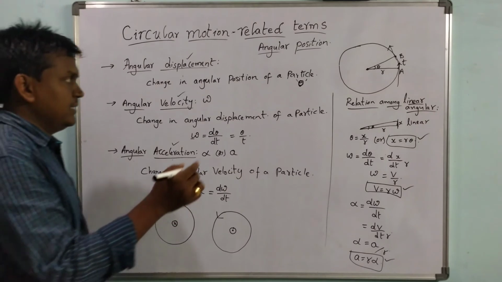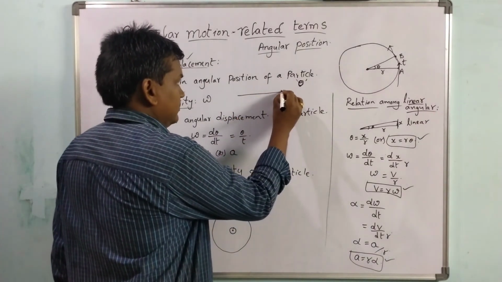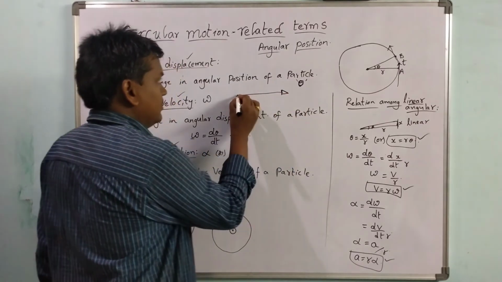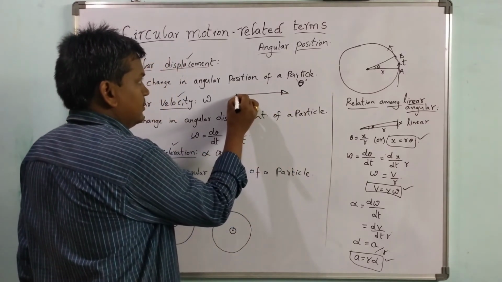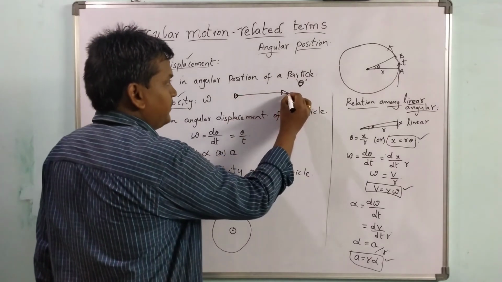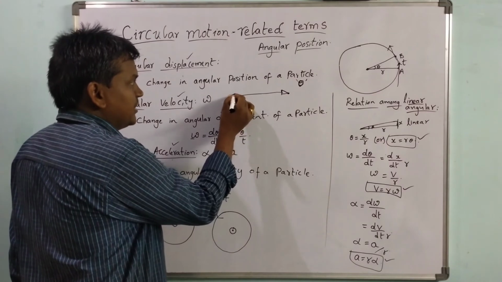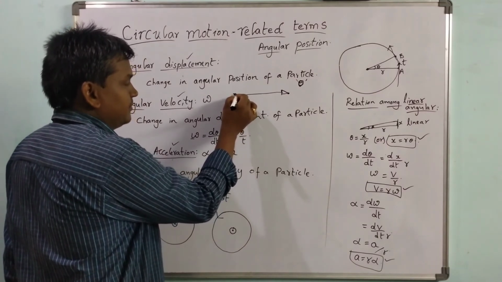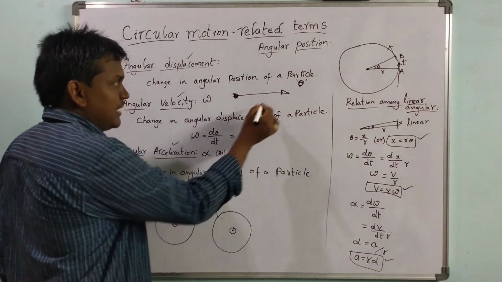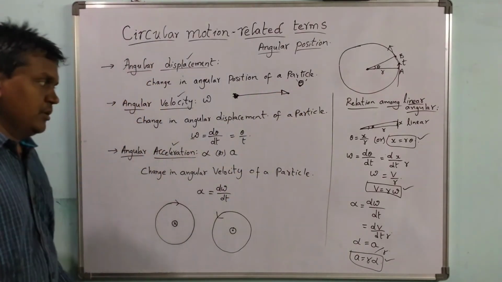Why do we use these? If you consider an arrow, pointing away from you it looks like an X, and coming towards you it looks like a dot. So backward is X and coming towards is dot.